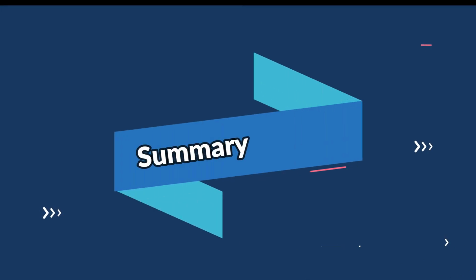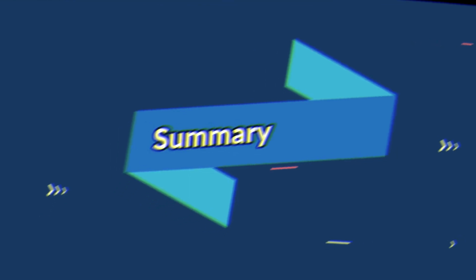Okay, so let's see a wrap up, a summary of this. So what basically is a list? A list is a data structure, or more precisely, a list is created by placing all the items or elements inside square brackets separated by commas. It can have any number of items. They can be of different data types like integer, string, and so on.